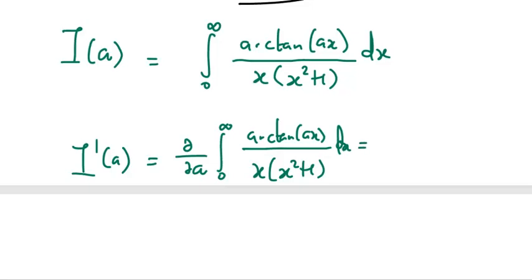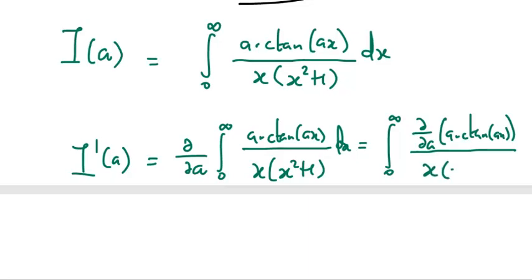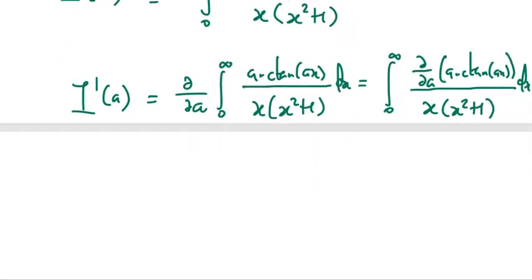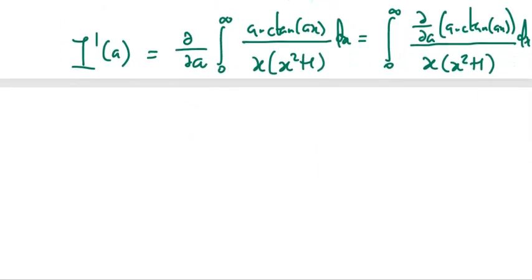So this is equal to the integral from 0 to infinity of the partial derivative with respect to a of arctangent of ax, divided by x times (x squared plus 1), and right over here is our dx. Okay, the derivative of the arctangent of ax with respect to a is easy enough, right?